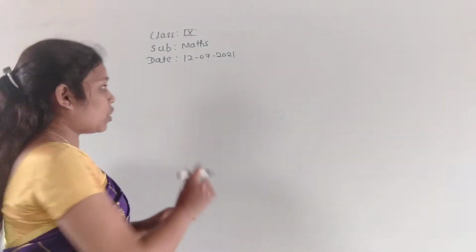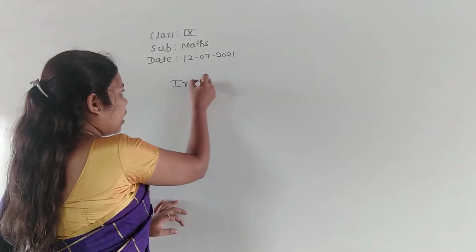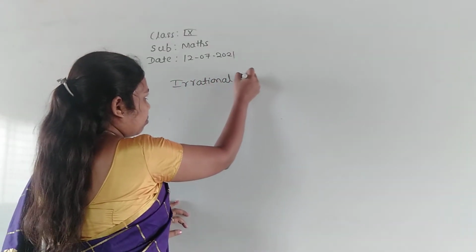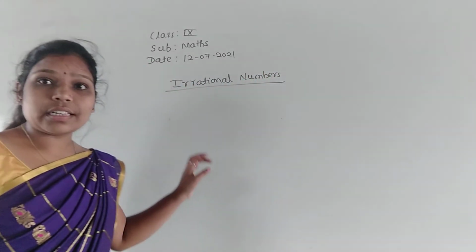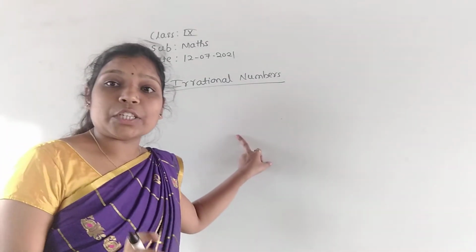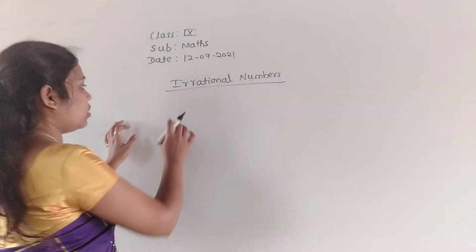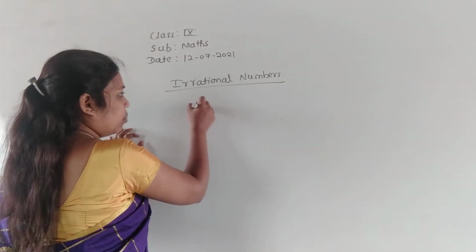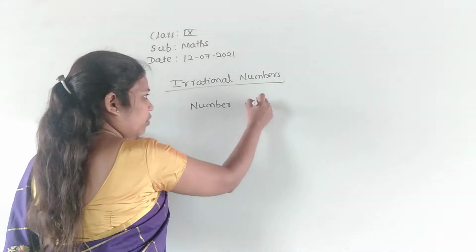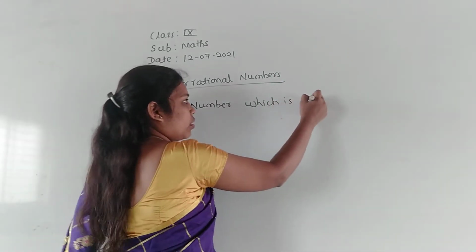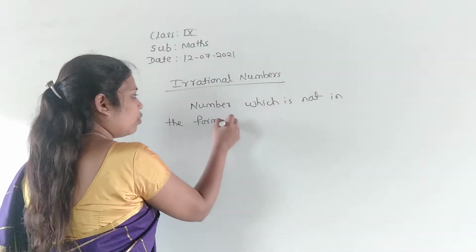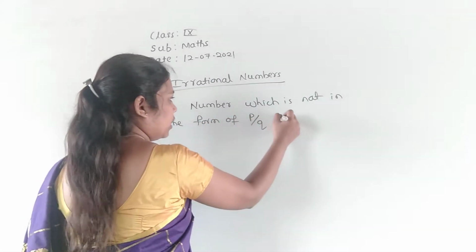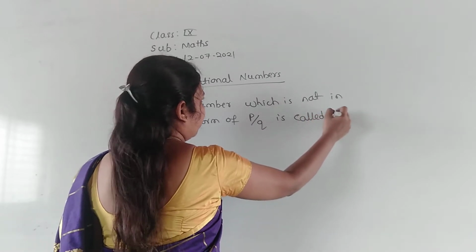So now today we are going to discuss irrational numbers. What do you mean by irrational numbers? I told you in the last class only, right? The irrational number is nothing but a number which is not in the form of p by q. The number which is not in the form of p by q is called an irrational number.